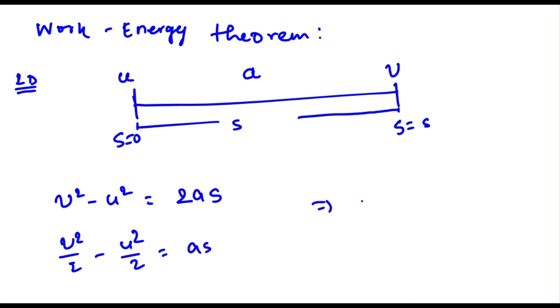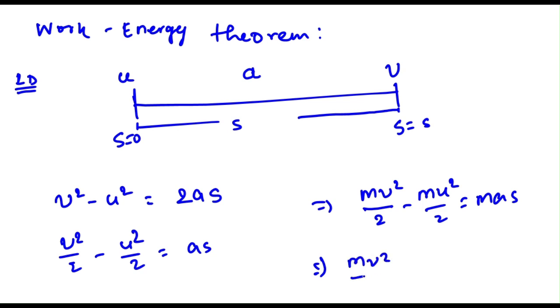I am multiplying by m both sides: mv square by 2 minus mu square by 2 equals ma into s, and ultimately we will have mv square by 2 minus mu square by 2 equals f into s.